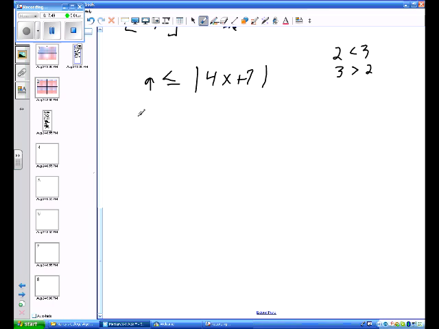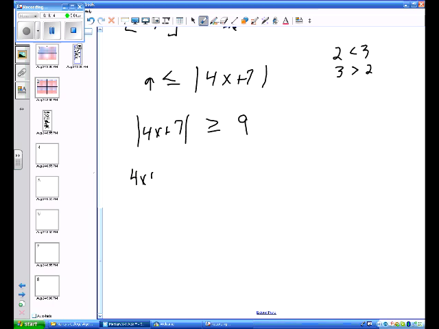So if I want to switch these sides so that it's in the form that I'm used to, I have to change my inequality. So we change our inequalities when we multiply or divide both sides by a negative number, or if we switch our order of inequalities.